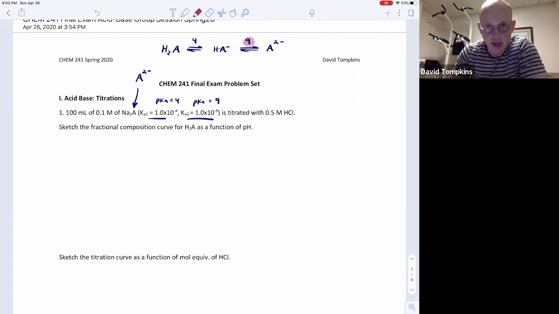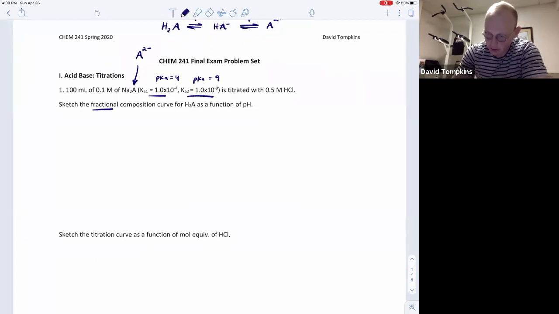Furthermore, at pH 9, these two are equal. Okay, so the way that you can describe that graphically is by drawing a fractional composition curve. And remember that alpha is the fraction.